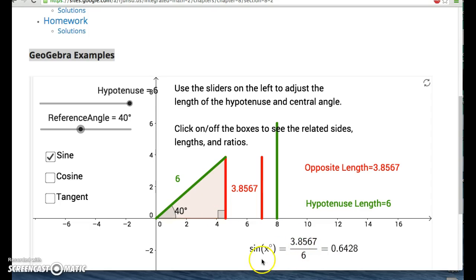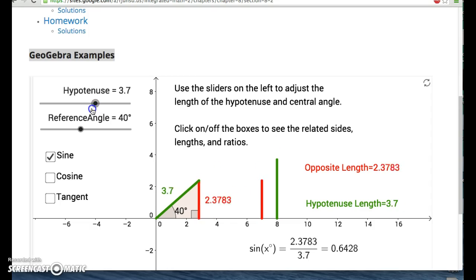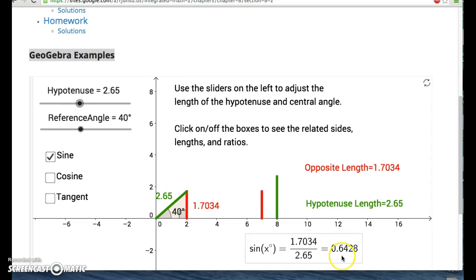It's a fraction, which turns into a decimal, and the decimal is actually a percentage. So notice how if I change the length of the triangle, just make it real small, the proportions go down exactly the same, and you still have the same percentage no matter what.